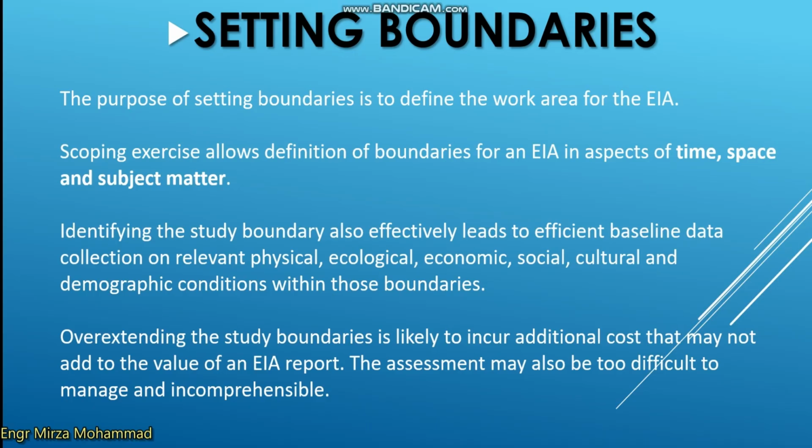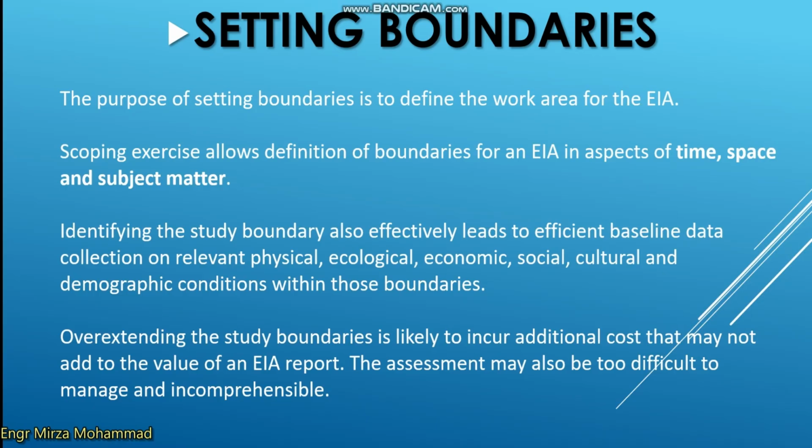So in order to do the process of scoping perfectly, it is very important for us to define the boundaries for environmental impact assessment. The boundaries are mainly set based on the time of the project, the space, and the subject matter.